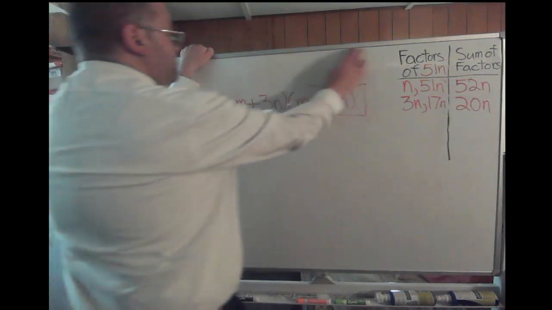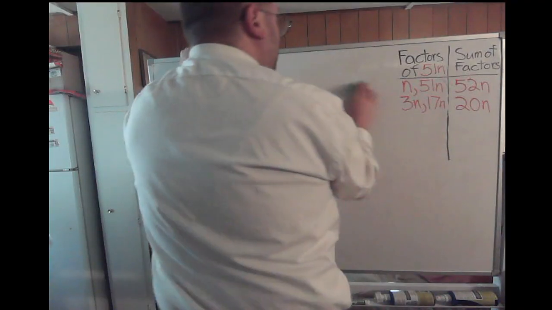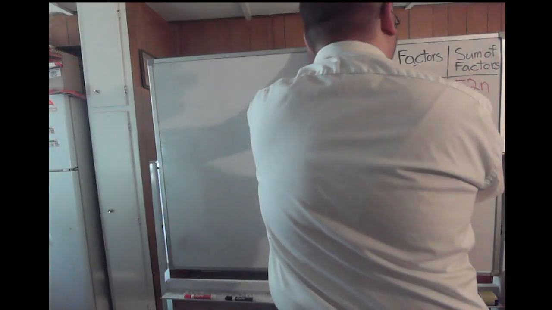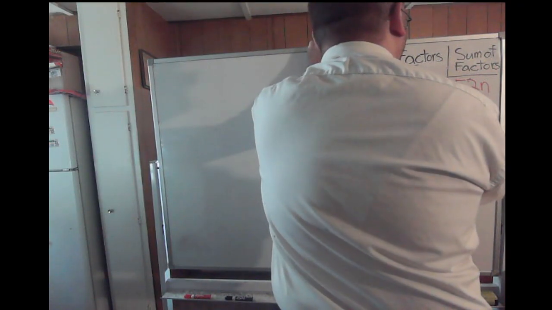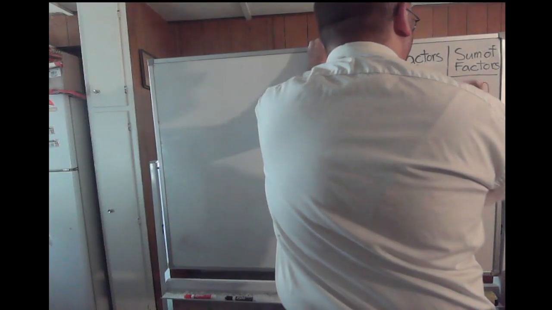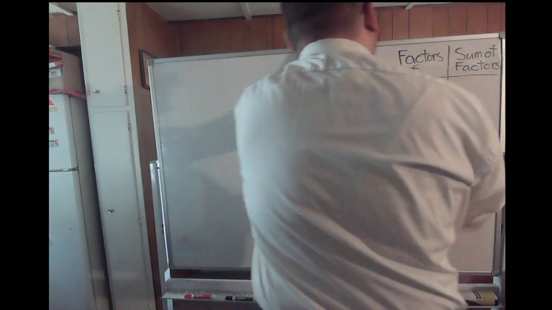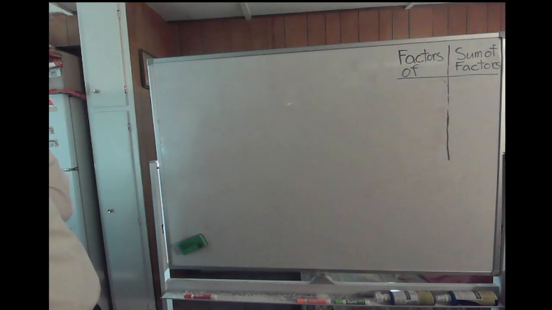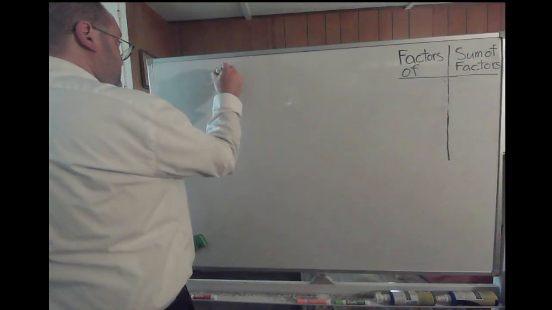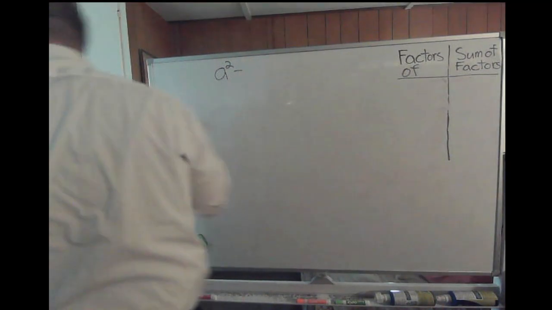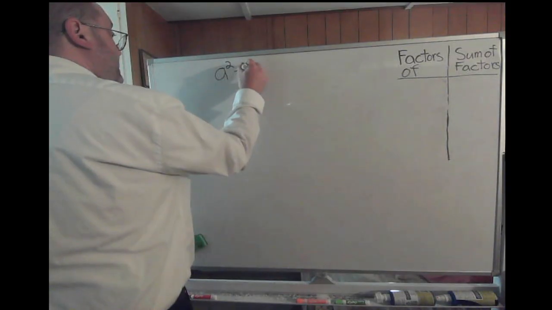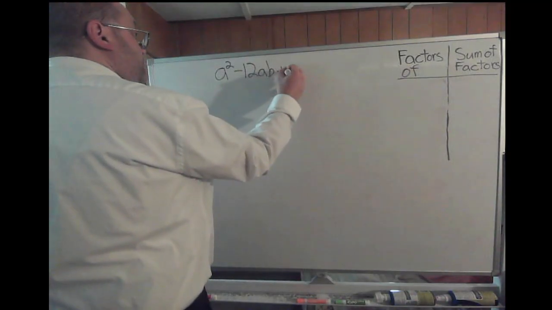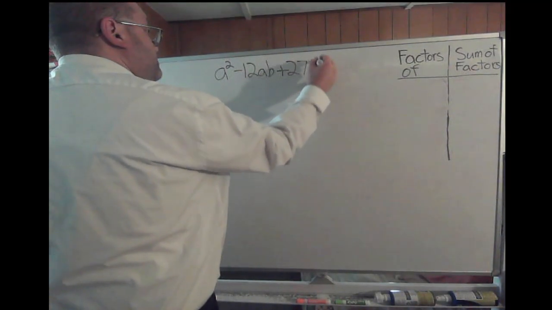And I do have one more problem. Alright, got a squared minus 12ab plus 27b squared.